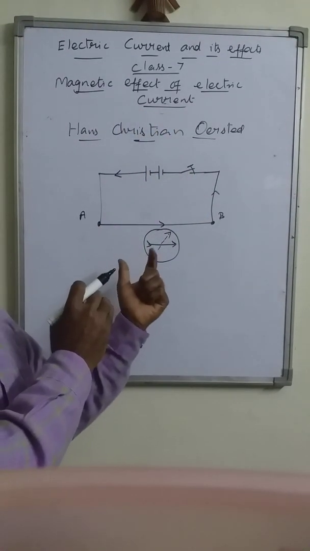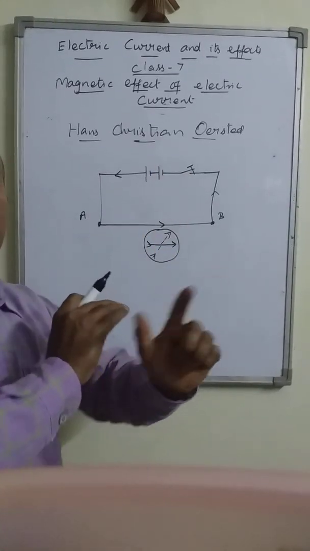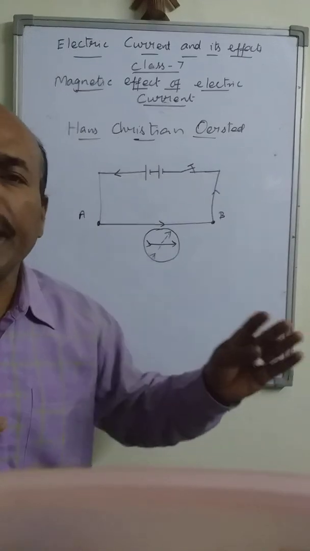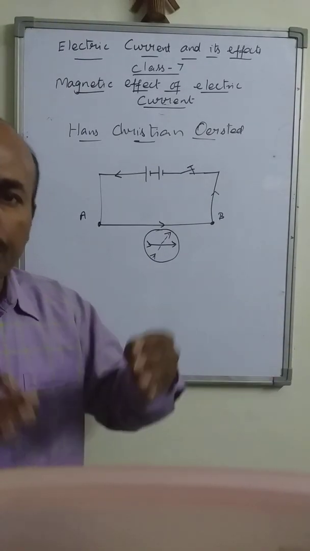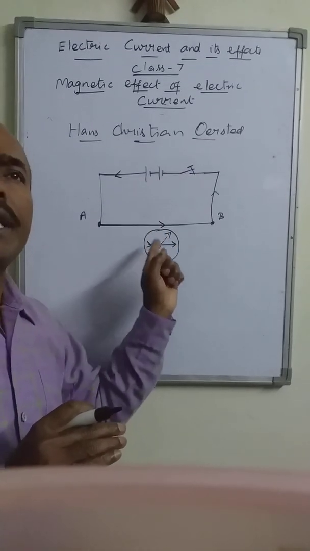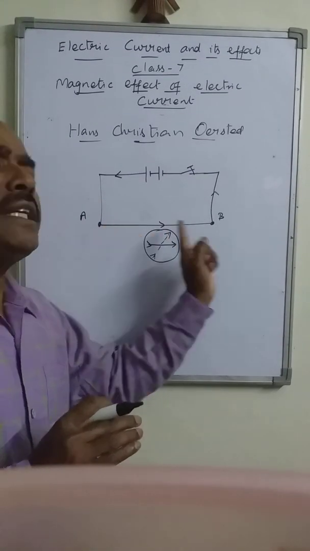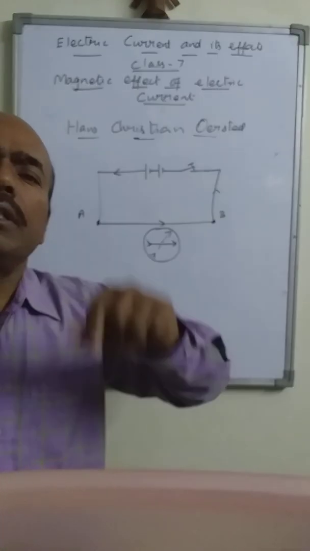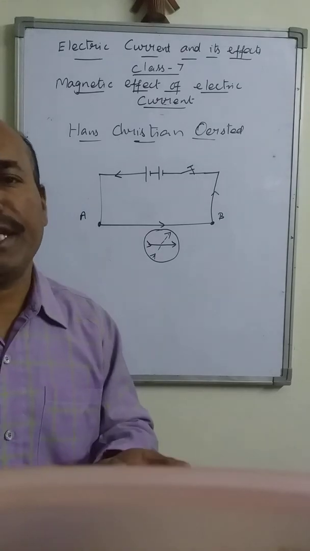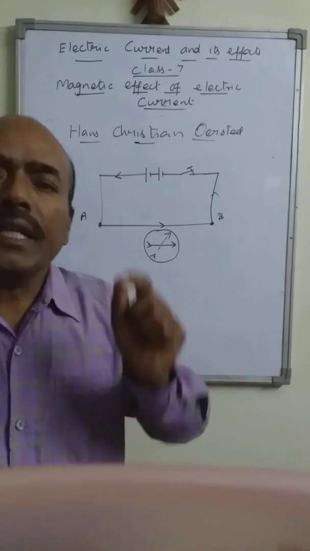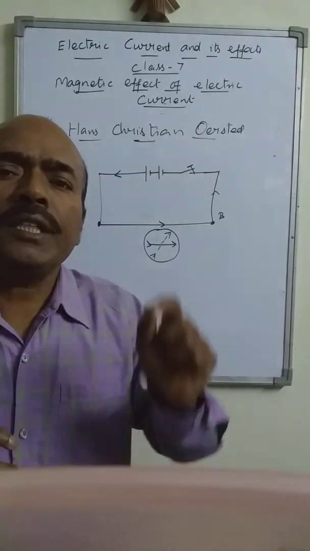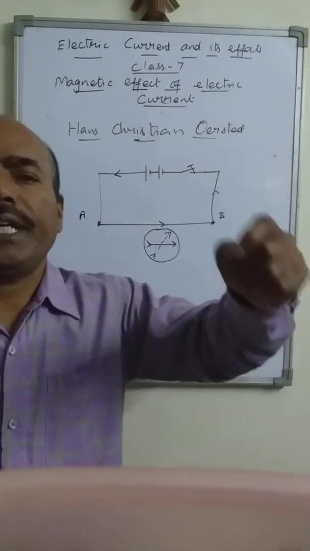Before closing this switch, there was no magnetic field, no magnetic material. So due to closing of this switch, it gives the magnetic field. Definitely the current carrying conductor must produce the magnetic field around it. So he concluded that a current carrying conductor always produces a magnetic field around it.